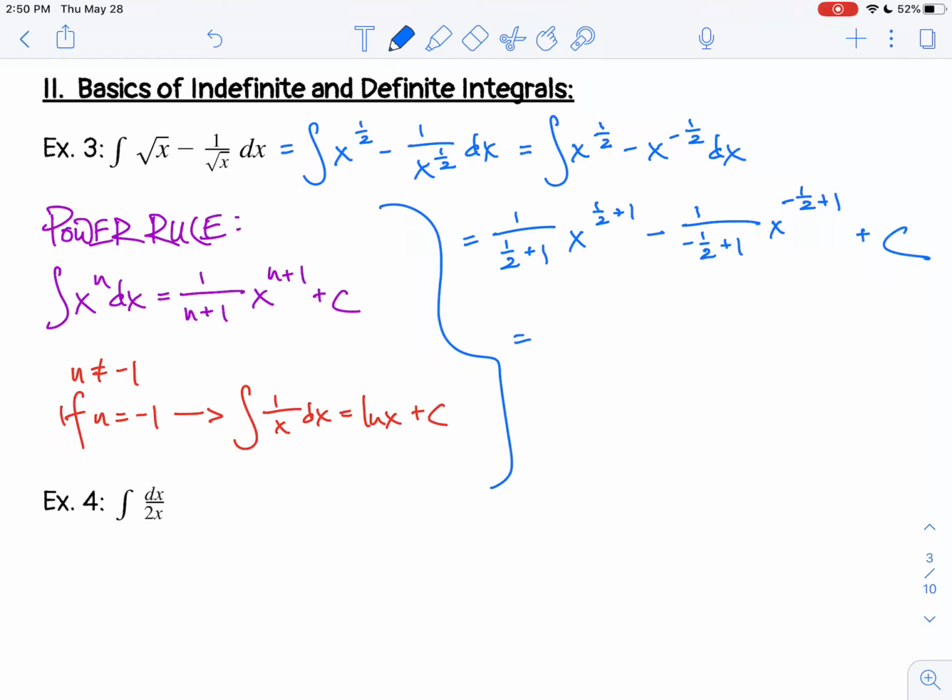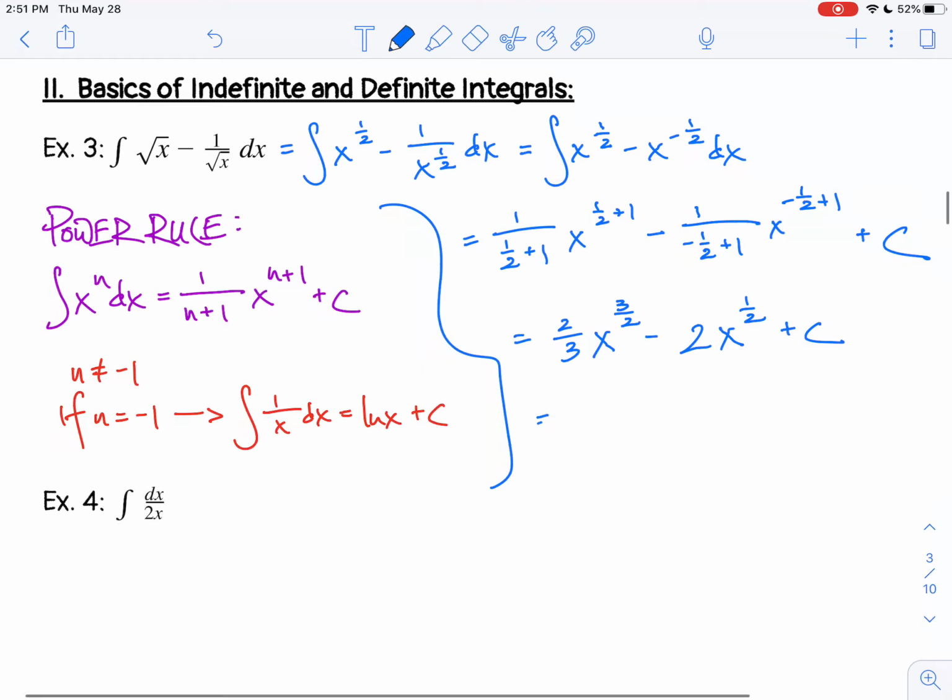All right, what's this going to give us? The power for the first term is going to be x to the 3/2, and that means the coefficient is the reciprocal of that, 2/3. Minus, the power for the x here is going to be 1/2, and the reciprocal of that is 2.